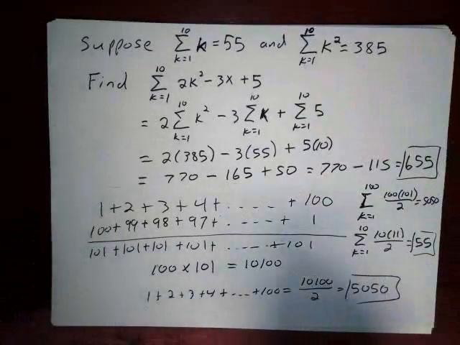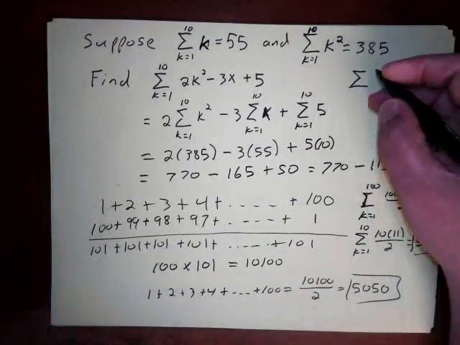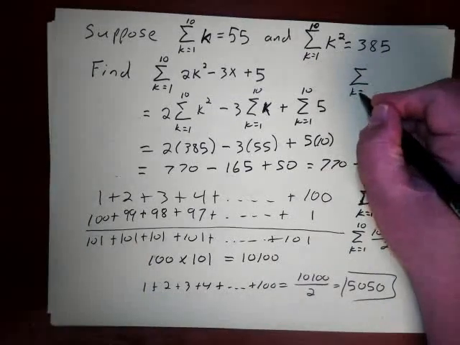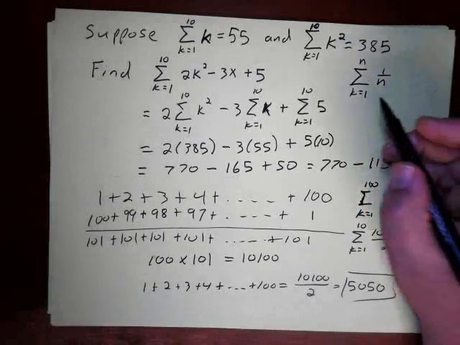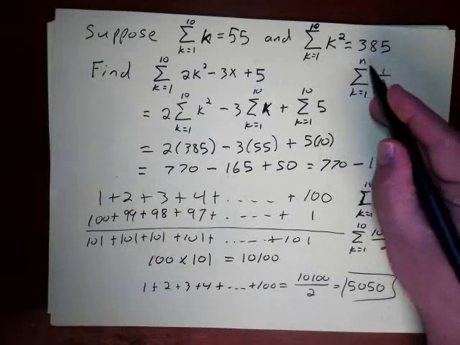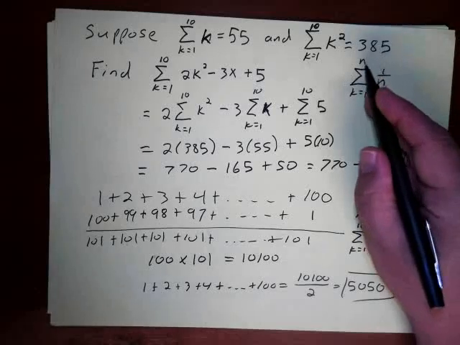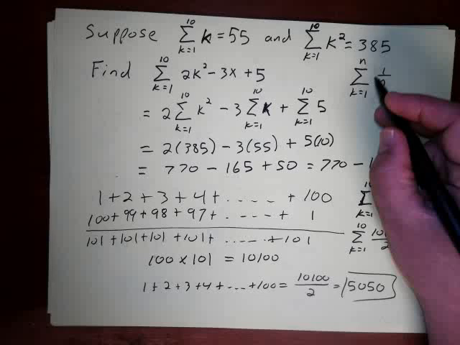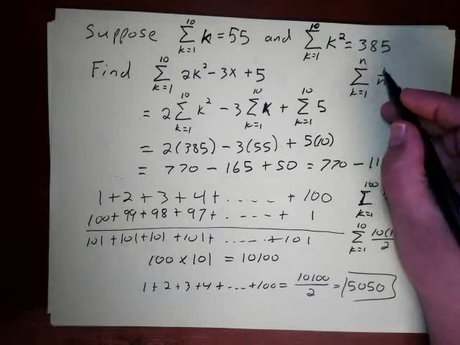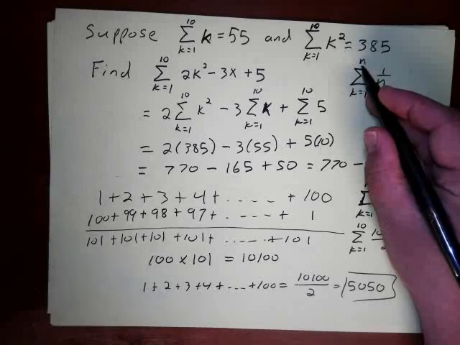I wanted to show you one other thing too. There was an interesting one in the book. Let's say you have something like this, k equals 1 to n, let's say 1 over n. This gets a little confusing because in here, technically, k goes from 1 to n, but this term, 1 over n, is a constant. n is not changing.